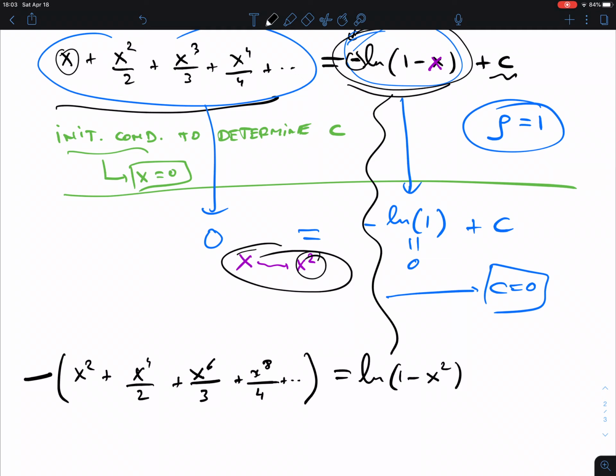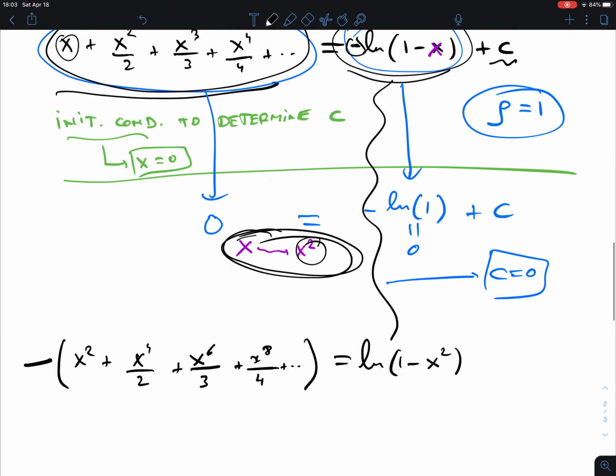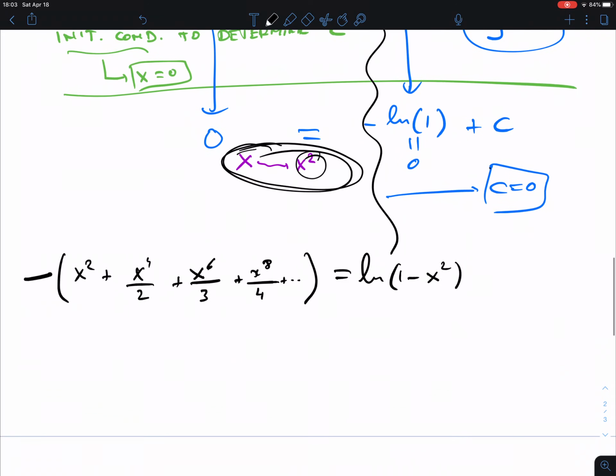The only thing I did was in this expression replace x by x squared, which I did also here, and therefore the two are the same. Remember that c was 0, we already found that, so we don't actually have this term. Here we are. Now I have a series for this function, ln of 1 minus x squared, and this is the series.